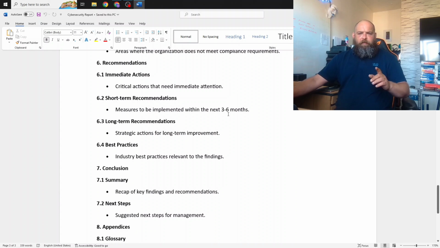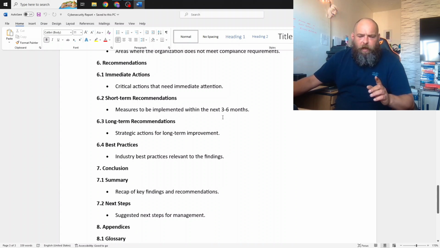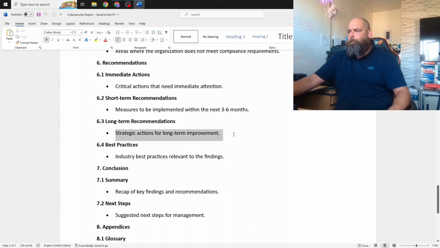In fact, it would be a lot less than that. It would only be a matter of weeks for short term. Medium term would indeed be 3 to 6 months, and long-term recommendations would be strategic actions for long-term improvement.